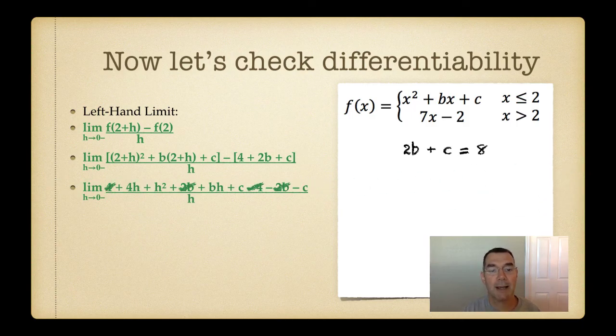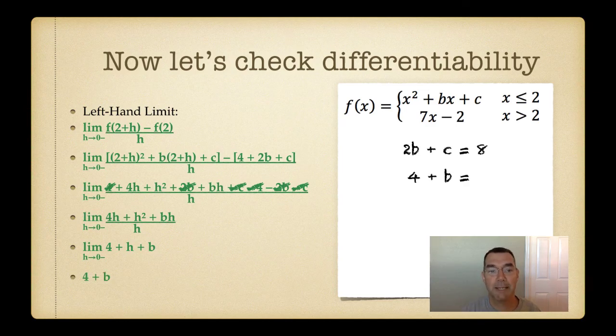I can subtract out 3 pairs of things that are being added and subtracted. So those are gone, and I'm left with 4h plus h squared plus bh all over h. I can simplify that by dividing every term by h, and I get 4 plus h plus b. So I get 4 plus b. That is the limit of the derivative of the left-hand piece.